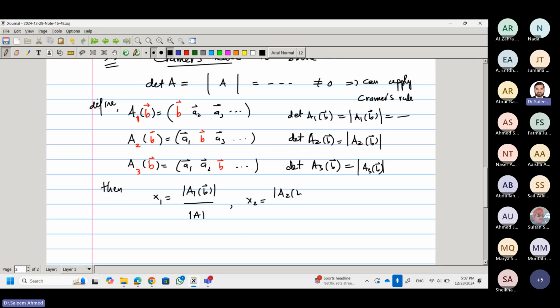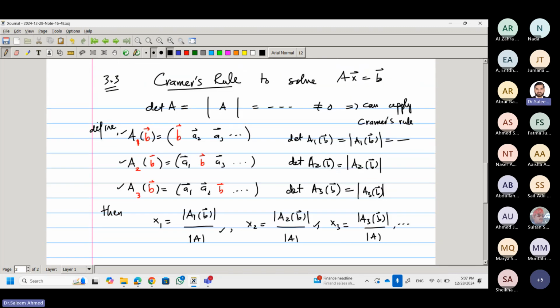X2 will be the determinant of the second matrix divided by the determinant of A, and X3 will be the third divided by A. And if there is a fourth one, then X4, and X5. But usually we are given only 2 by 2 or 3 by 3 matrices. If it is a 2 by 2 system, I will only have A1, A2, and only X1, X2 will be needed. If it is a 3 by 3 system, then I will have A1, A2, A3, and X1, X2, X3 will be the answers.